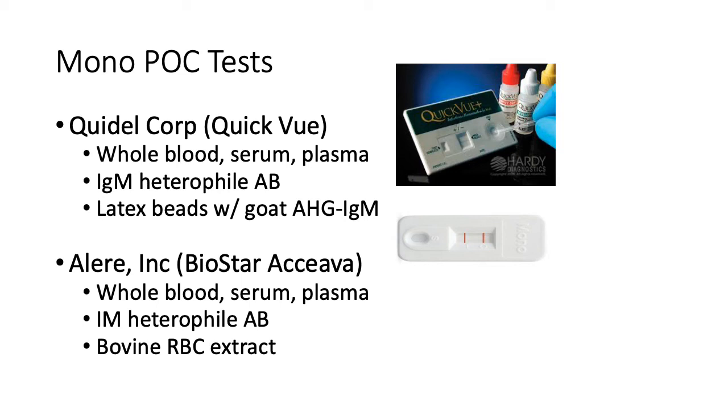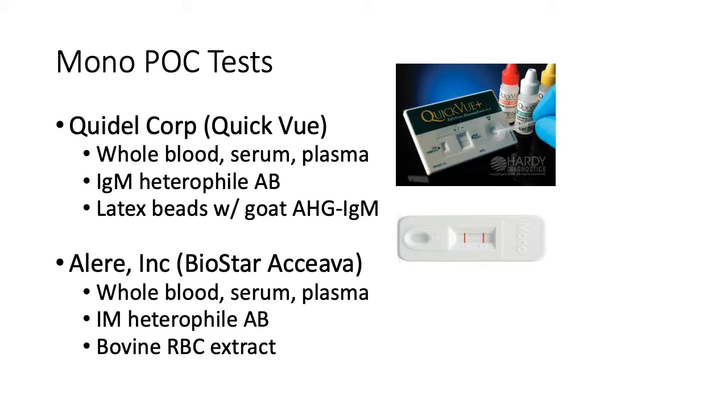The BioStar Acceava Mono 2 test kit is also CLIA-waived for whole blood and not CLIA-waived for serum and plasma. The test is a rapid chromatographic immunoassay in a dipstick format intended for the qualitative detection of infectious mononucleosis heterophile antibodies. Bovine erythrocyte extract interacts with the blood sample.